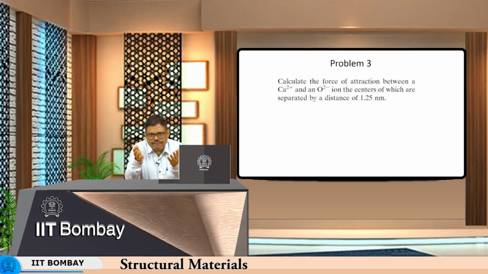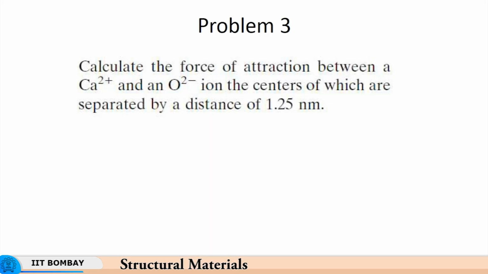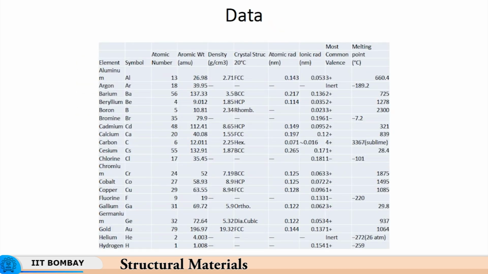So the source of the force of attraction is different between atoms in metals as compared to ions in ceramics. So there is data which is given here. One can use, for example, aluminum oxide. You would use the same set of data.